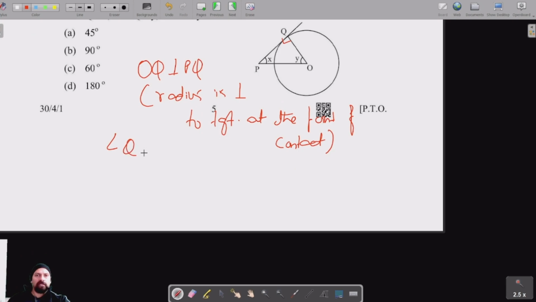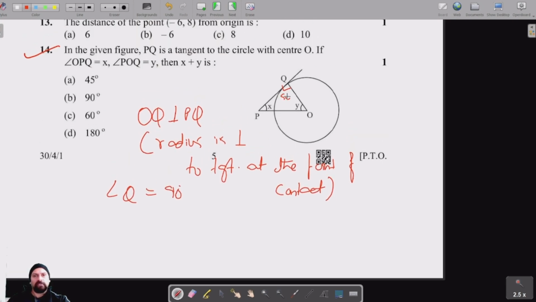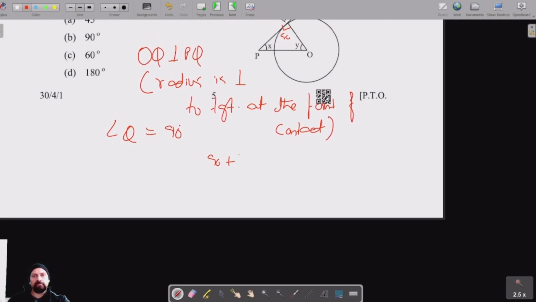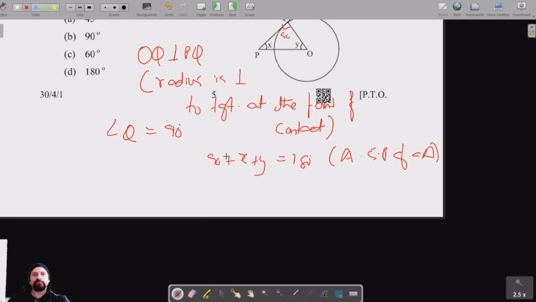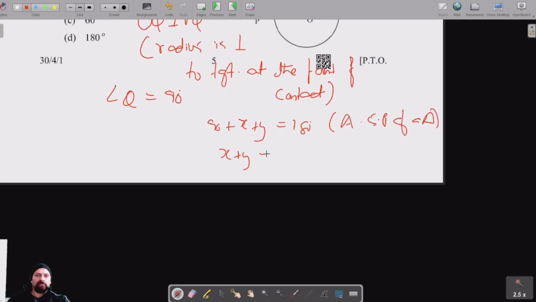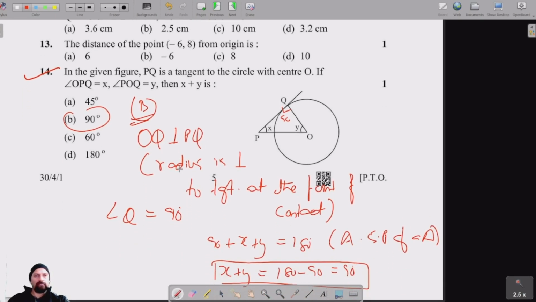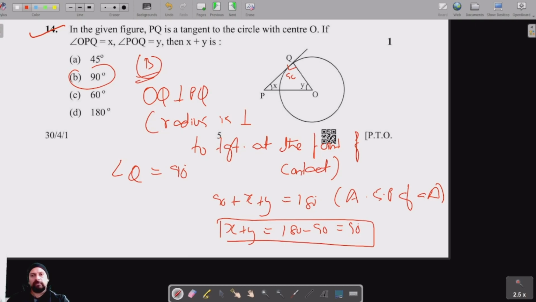That means angle Q is equal to 90 degrees. Then we can use the angle sum property of the triangle: 90 plus x plus y is equal to 180 degrees. This gives x plus y is equal to 180 minus 90, which is equal to 90. So x plus y is equal to 90. So B is the correct option for question number 14.